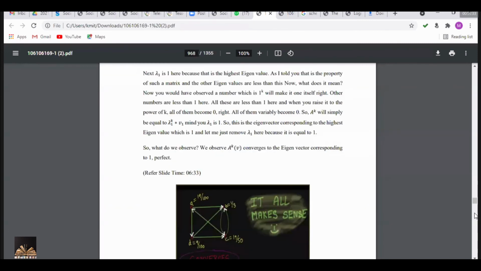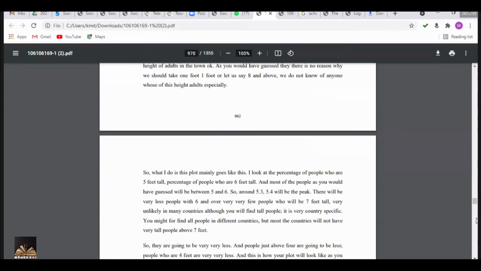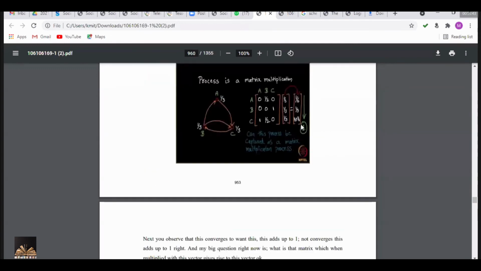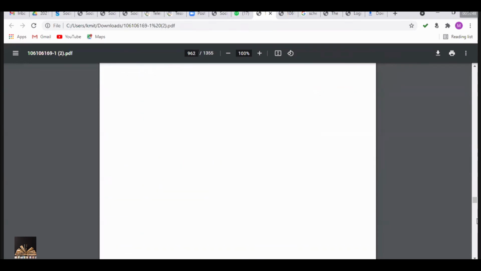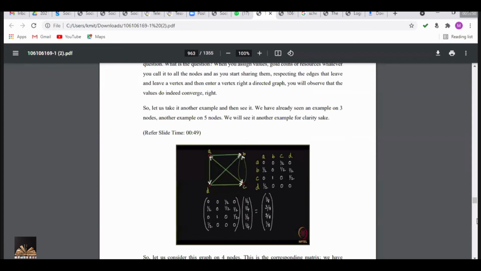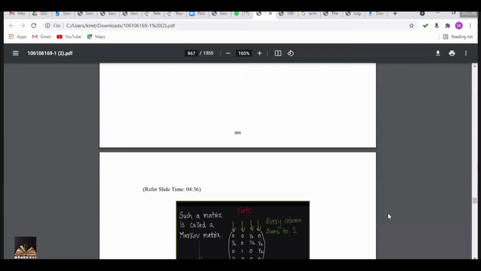The change in the behavior is called power law. How to identify the power law is, when plotting, you apply a log, and if it is representing a straight line, there you can identify that it is following, or being applied with, the power law, right? So that is all about the things.